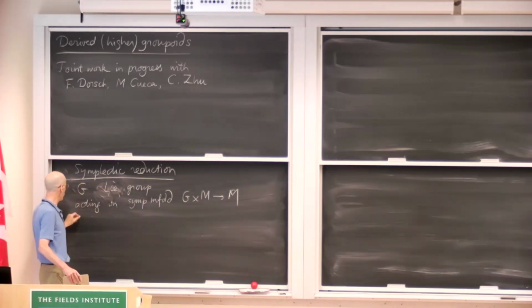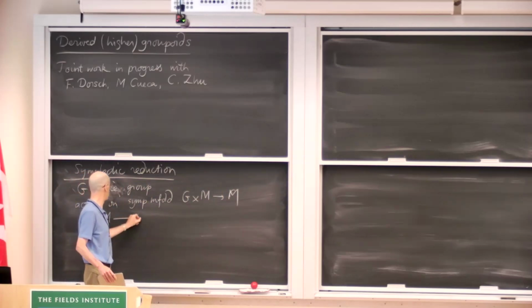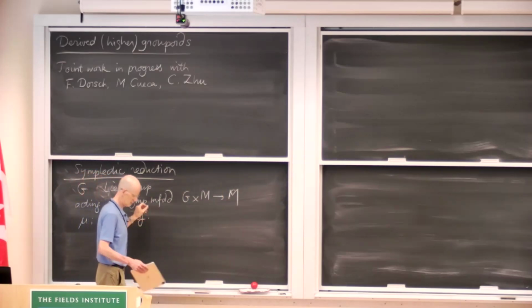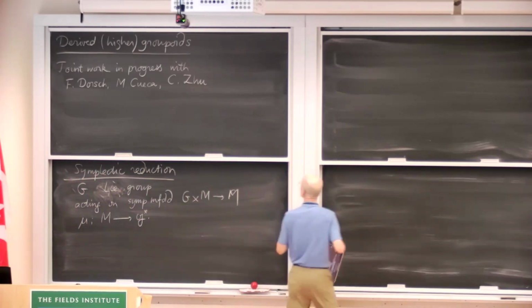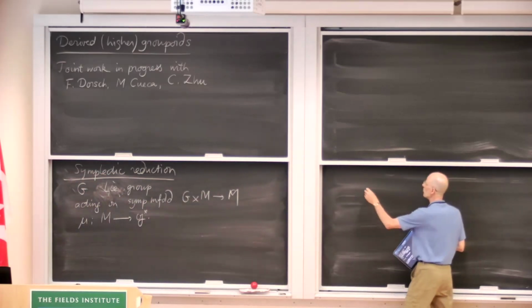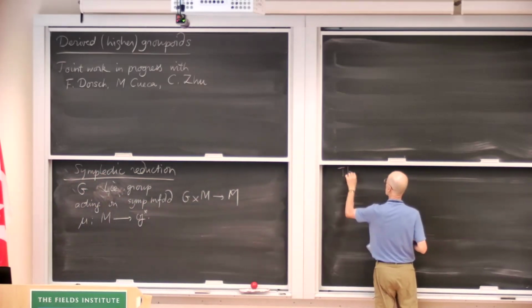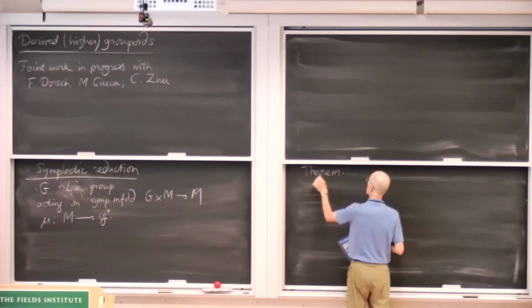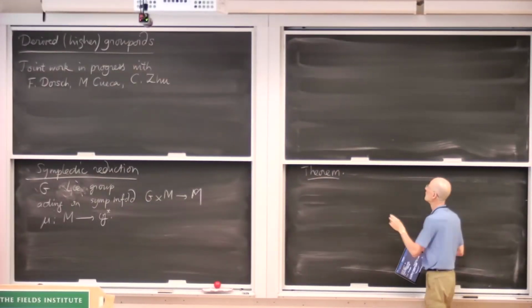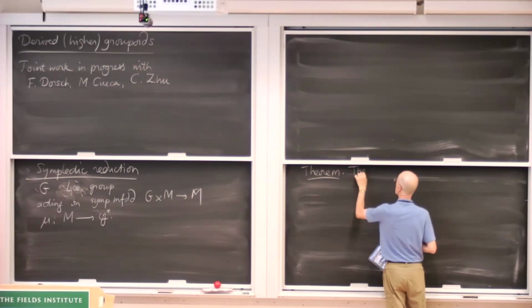And the action is Hamiltonian. I have a moment map. So here is what I want to try to more or less explain: the following diagram.